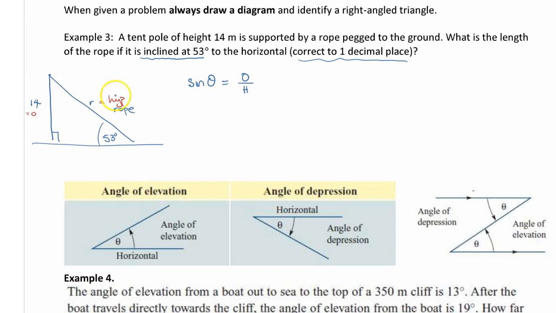So we're looking to identify the ratio that has the opposite and hypotenuse, and that's sine. Step 2, substitute. In this example, we know the size of the angle. It's 53. That is a number stored on the calculator. We're finding a side. The opposite side is the 14. The hypotenuse is the rope.